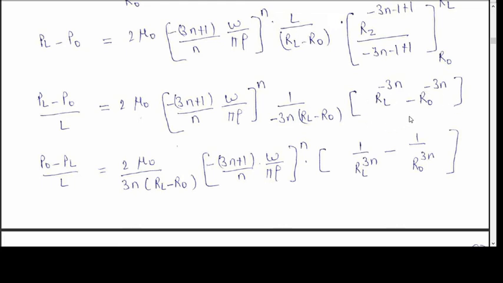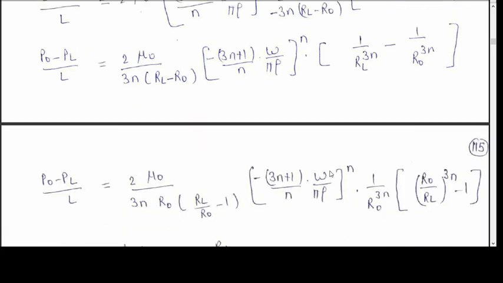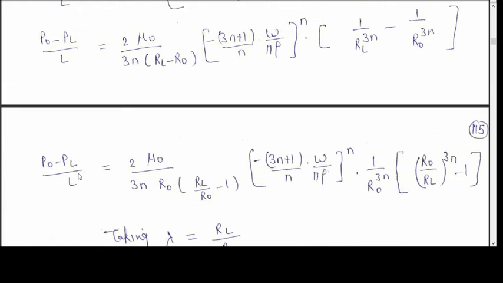Then you rearrange it further, taking r0 to one side because r0 is constant. So you will get r0 upon rl to the power 3n, and this minus 1, where rl upon r0 equals 1.